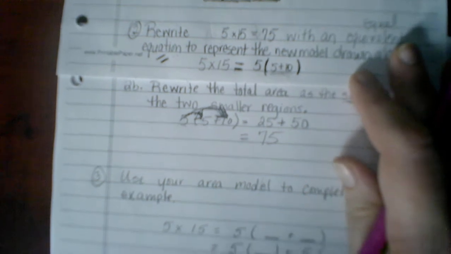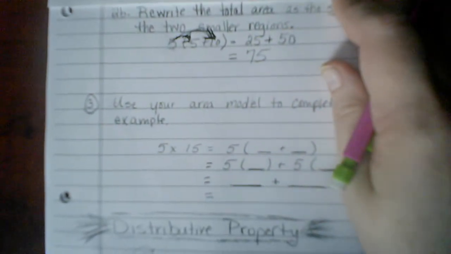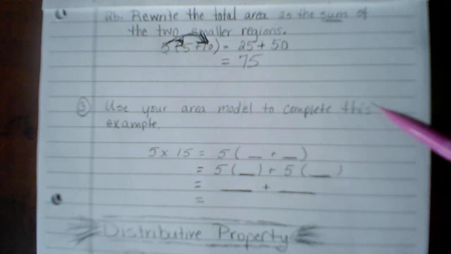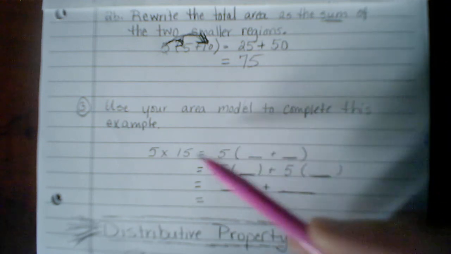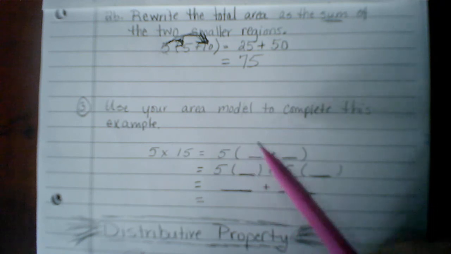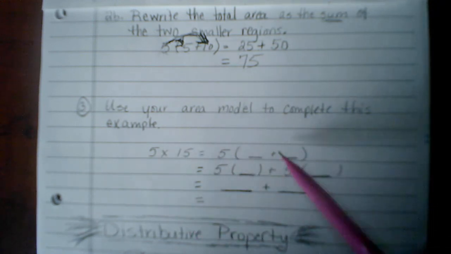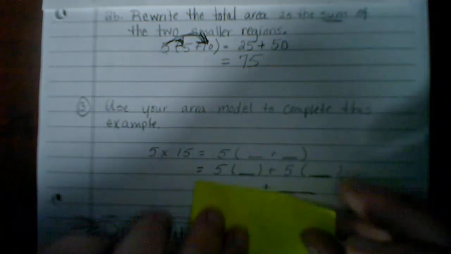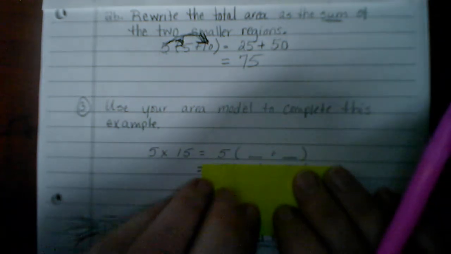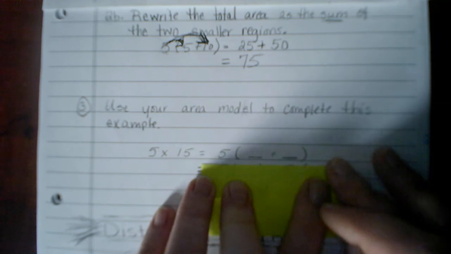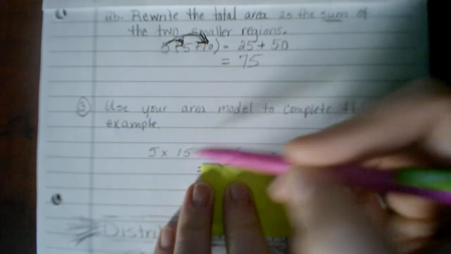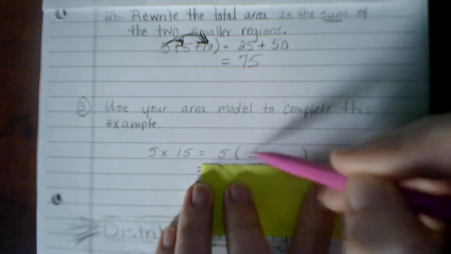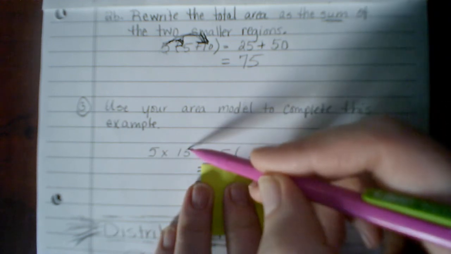Okay, let's move on here. Use your area model to complete this example. Okay, 15, 5. Okay, so let's look at this first line. I'm going to try to cover this up, but I think it may make it a little easier. Okay, so the first line is asking us to break apart 15. Okay, well, how did we break 15 apart in our example?